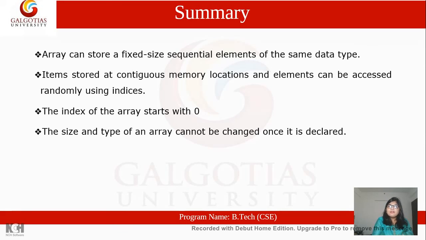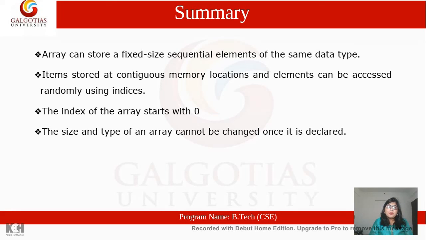And once you have the base address, the address of the first element, you can traverse to the next element by just adding the fixed size. The other way to access the elements randomly is by using the indices or index value.